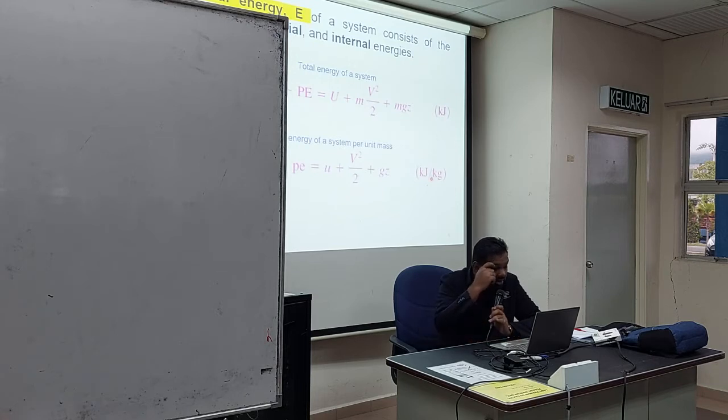So if you divide by kilogram, that is per unit mass. So everything becomes smaller: E becomes smaller, U becomes smaller, KE and PE also become smaller. So if you write the formula like this, I know you are referring to per unit mass. So don't write it wrongly. All the units at the back are divided by m. So this becomes U, this one the m is removed to become V squared over 2, and this becomes gz. Okay, so this is how you can calculate the total energy.